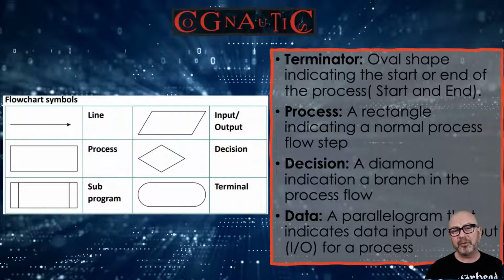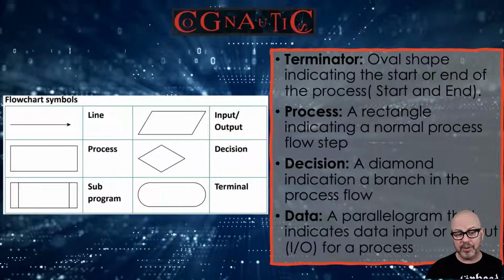So you're wondering, what's the difference between an input, an output, and a process? Well, basically, if it's not an input or an output and it's something happening, it's a process. It's a fairly easy way of putting it. So you're limited to those. You're unlikely to have to use a sub-program when you're creating a flowchart at GCSE, but they may well include that particular symbol just to make sure that you know what it means, okay?